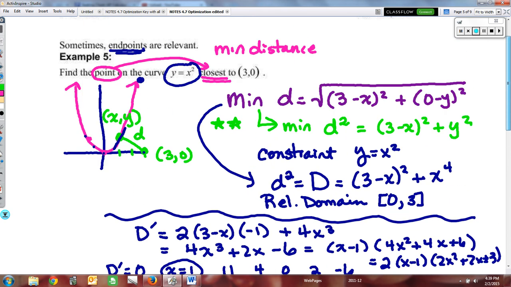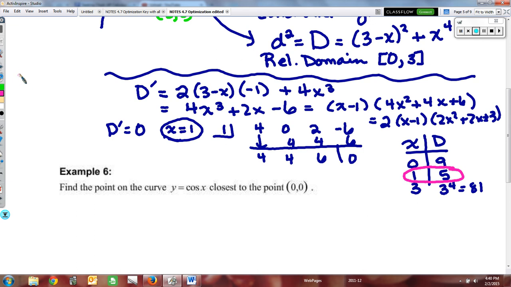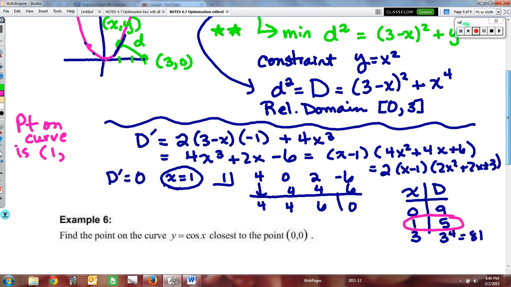Now, let's answer the question. We want to find the point on the curve closest to (3, 0). So the point on the curve, now be careful, you'll be tempted to do (1, 5) here. The x value is 1, and the y value, remember, x equals y squared would be 1 squared, or 1.